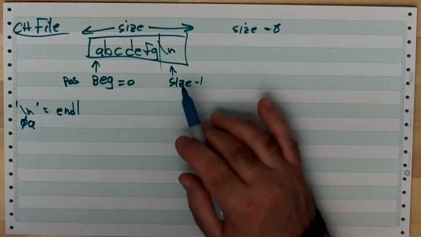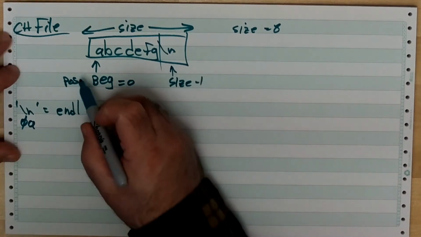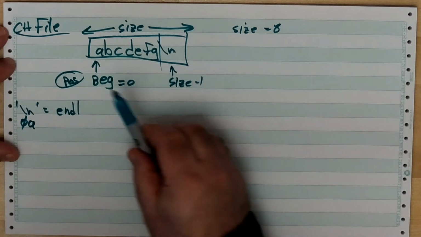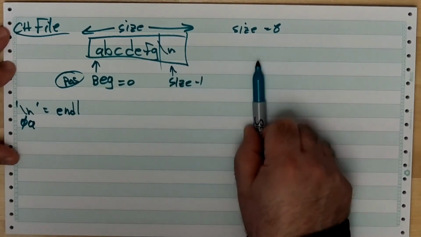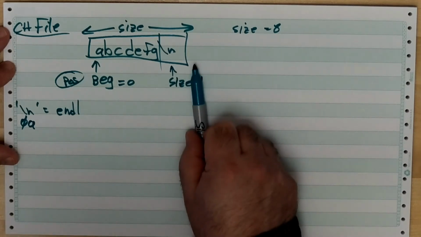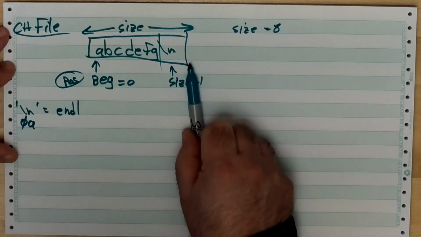Now, why do we need to talk about this terminology? This notion of position, right? When we have a file on a disk and you're writing data into it, what you're doing is you're moving this position. The current position is set to the end of the file.